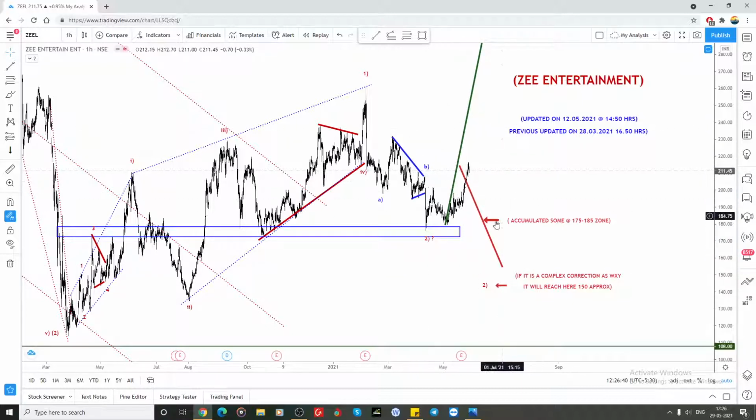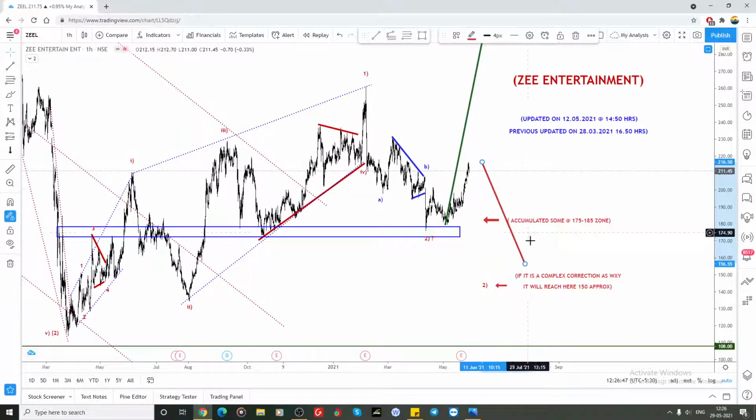Otherwise it can make a little bit more correction and consolidation here, and after that it can break this low to make a new low, the previous low, and then make a little bit higher and make an irregular flat. It can also do that. So this is my view. I'm still expecting this zone, because what I bought here, I have already booked the profit, but I'm still holding for investment purposes.